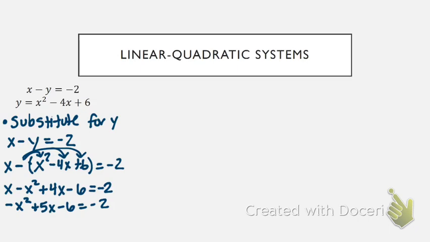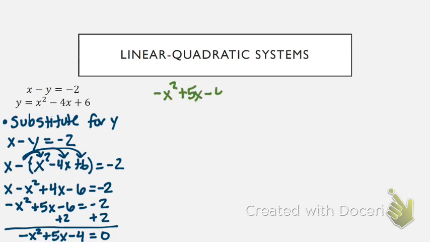And then now we want to get everything on one side. And now we factor. So I'm going to factor in a different color. So we have negative x squared plus 5x minus 4 equals 0.